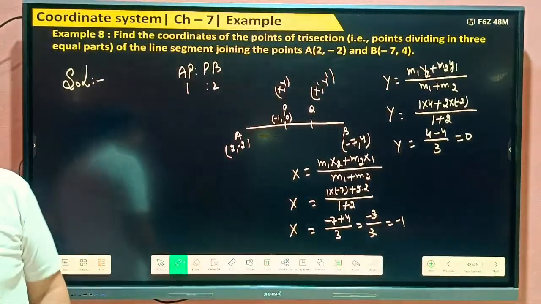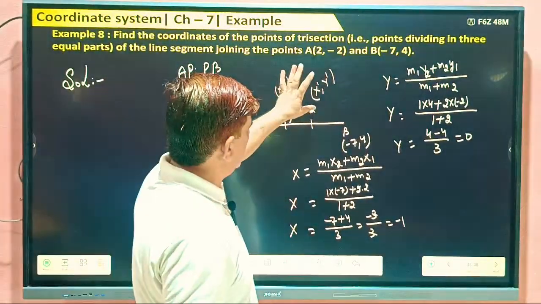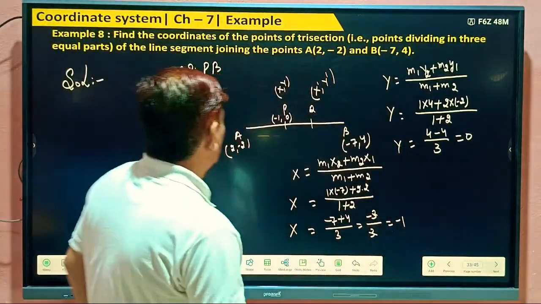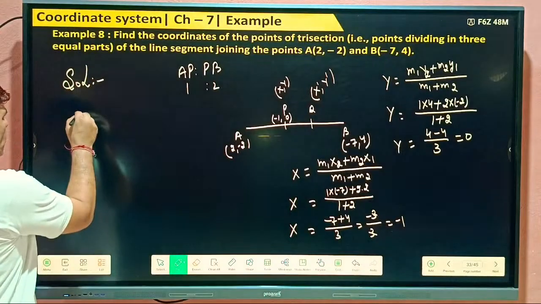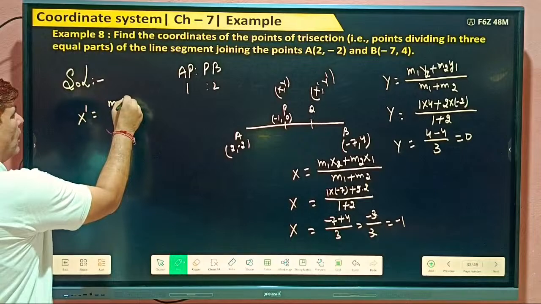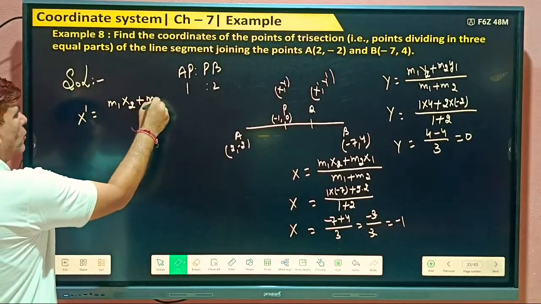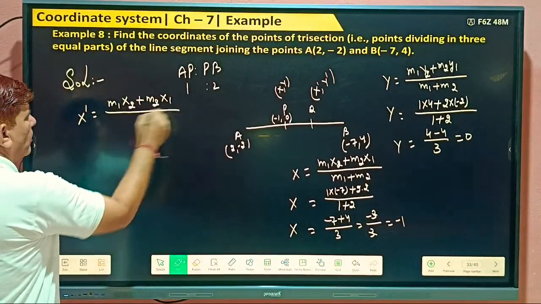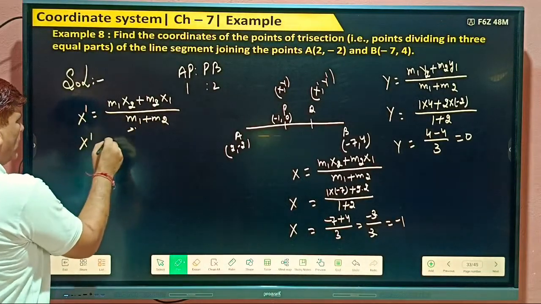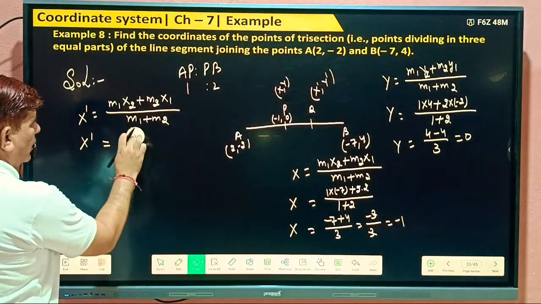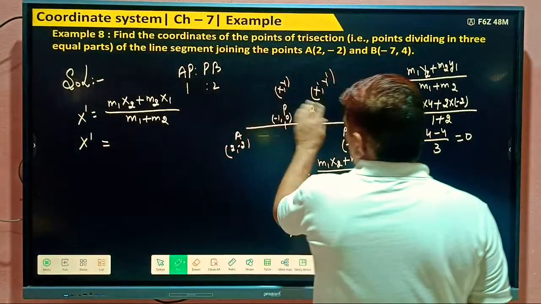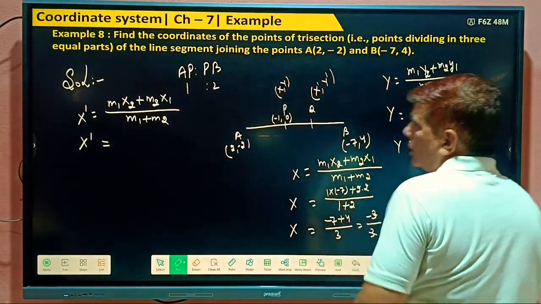Got it? Now we have to find the coordinates of this point Q also. So Q divides this in the ratio 2 raised to 1. So x dash equal to m1 x2 plus m2 x1 by m1 plus m2. So x dash equal to, this is 2 raised to 1, it's 2 multiplication with -7.